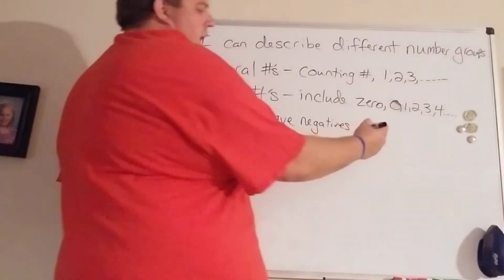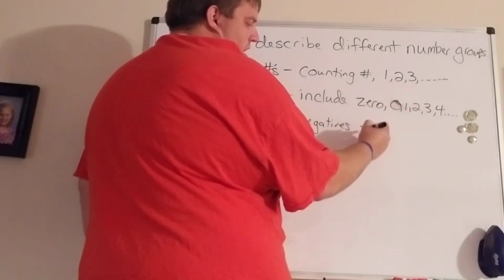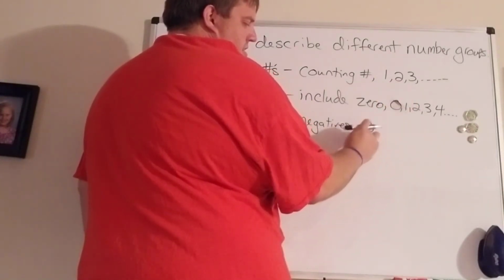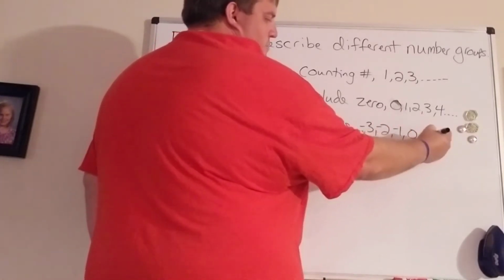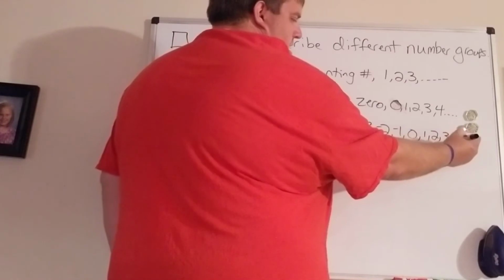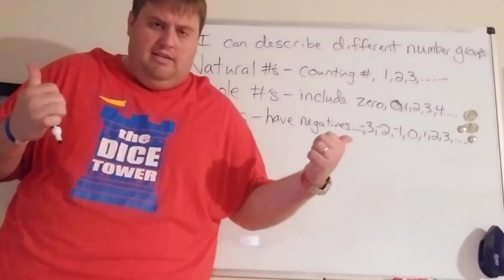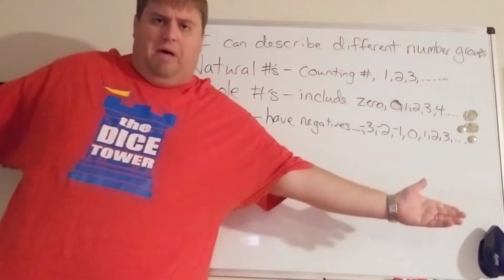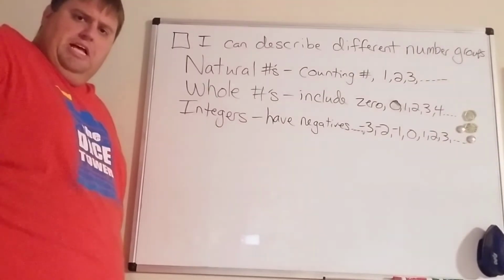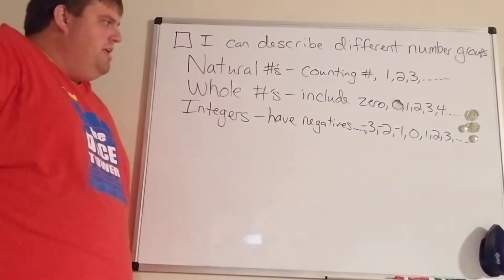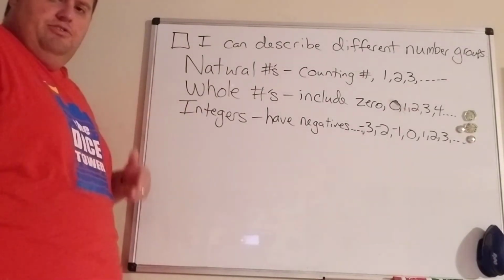This would start at, whatever, negative infinity. We'd have negative 3, there's stuff before this, negative 3, negative 2, negative 1, they have 0, 1, 2, 3, and they go forever on both sides. So all the negatives, all the positives, but notice that we still don't have any fractions or any decimals. Okay? So the naturals, then the wholes, and the integers.